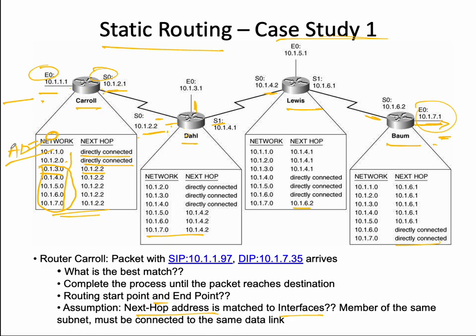Let's say a packet comes here and says I need to reach 10.1.8.0. Carol will look into the routing table and say, hey, I don't know how to reach 10.1.8.0. Simply drop it and send an ICMP error message. So it will not forward that network to this guy.